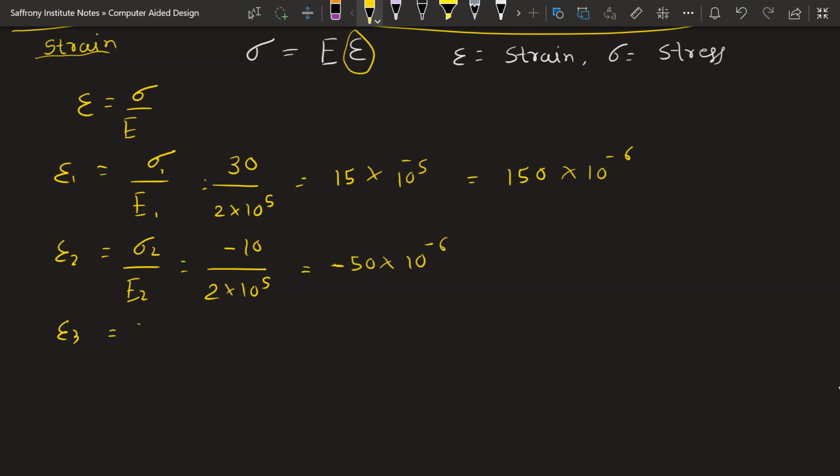Similarly, epsilon 3 is sigma 3 divided by E. Sigma 3 value is 20 divided by 2 into 10 raised to 5, so the final answer will be minus 100 into 10 raised to minus 6.